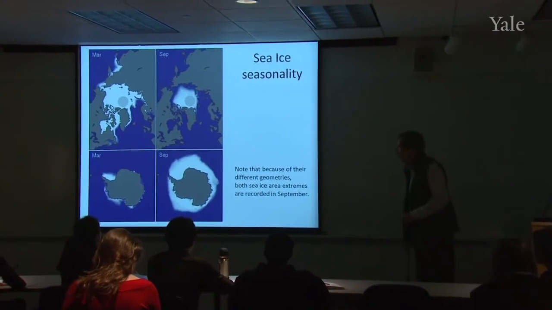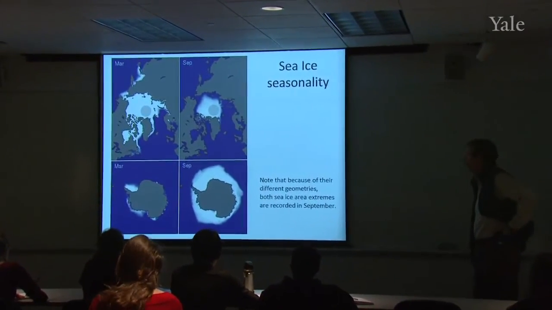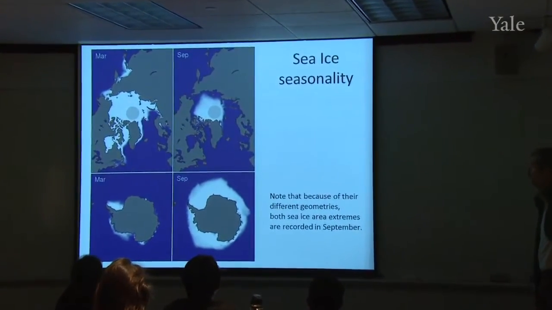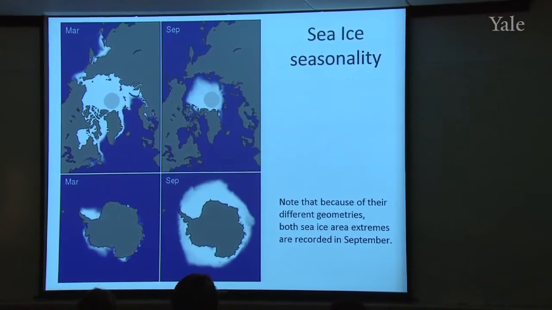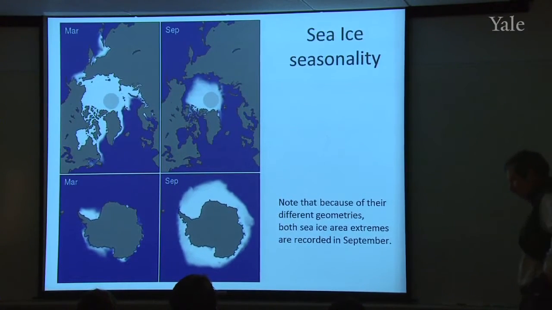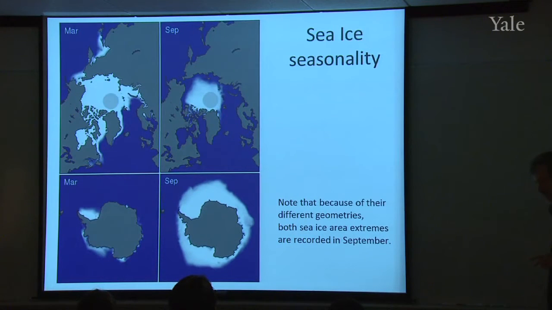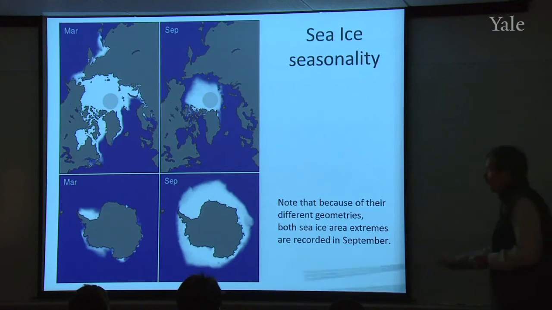What I've shown you here are some diagrams that illustrate how sea ice changes with season in the two hemispheres. Now remember, this is frozen seawater. So at about this time of year, late October, you begin to get cold air blowing over the sea surface in the high northern latitudes.